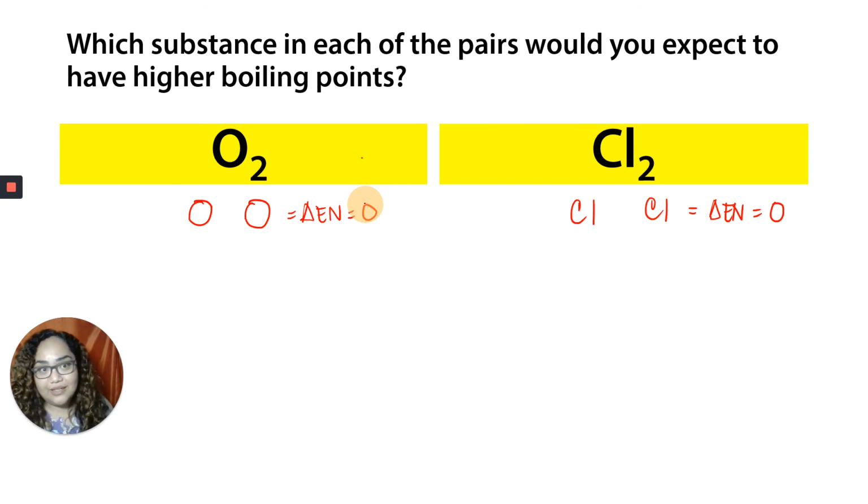So chlorine will have a larger atomic size. Therefore, chlorine will have a higher boiling point than oxygen.